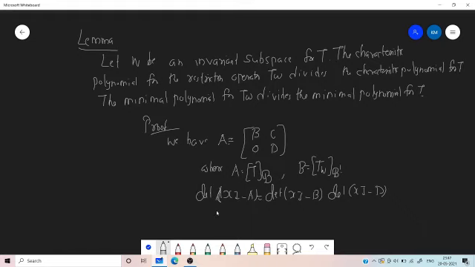Therefore, this is by property. Here the I's are unit matrices of different sizes.